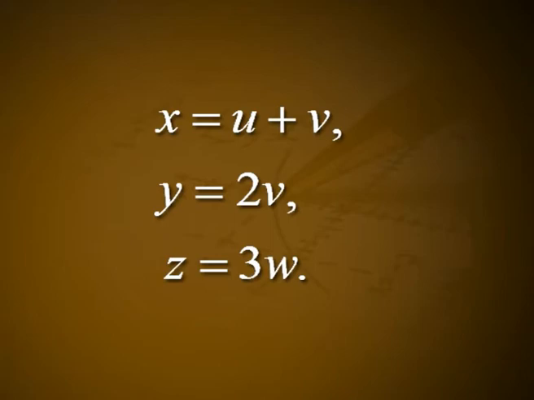Solution. We first solve the equations for x, y and z in terms of u, v and w, and obtain x = u + v, y = 2v, z = 3w.